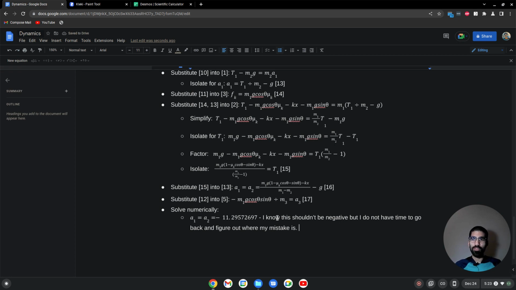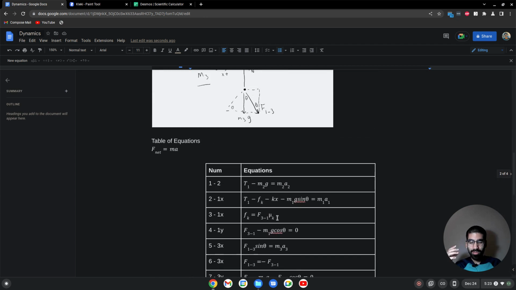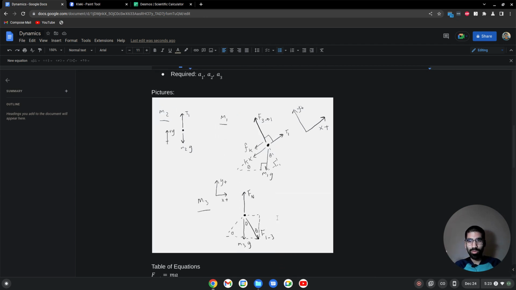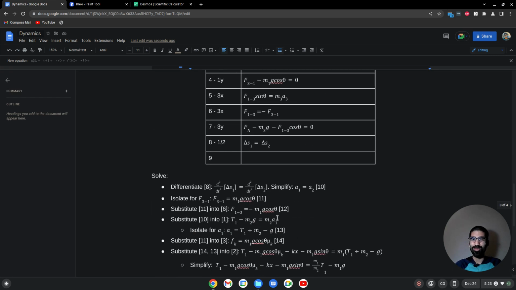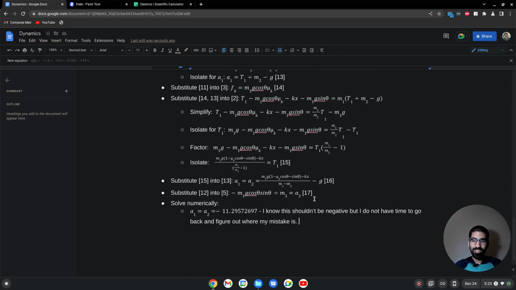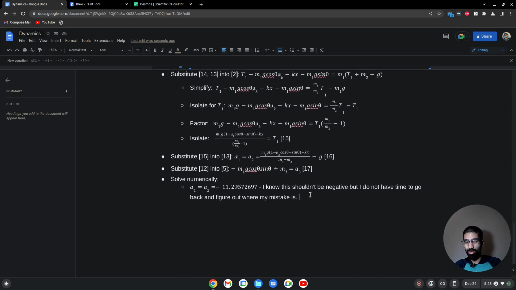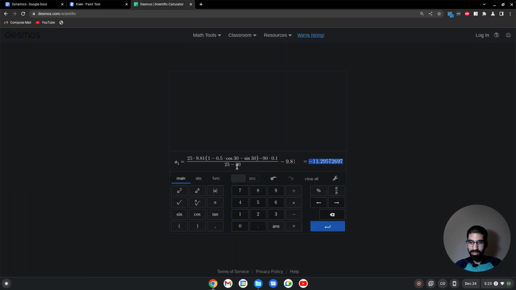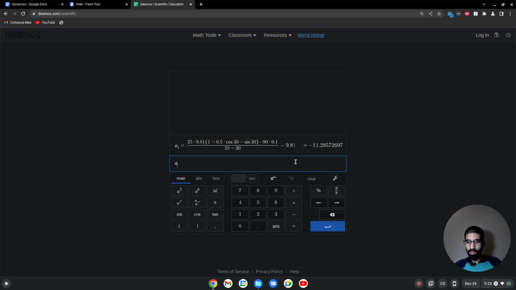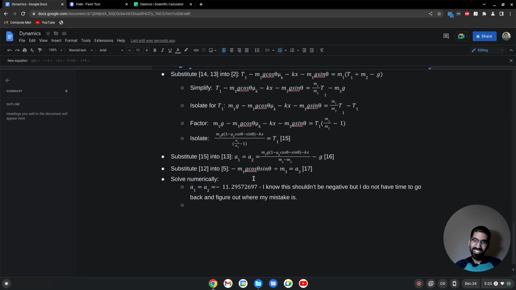That in and of itself shows that you're understanding the physics of the problem, which is the important part. We're trying to learn physics here, not trying to have flawless mathematical solving of equations. We have that, and then let's do A3, and then we can wrap up.